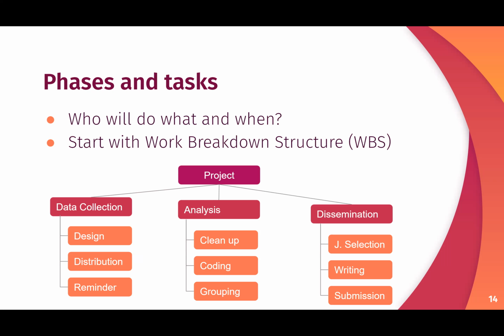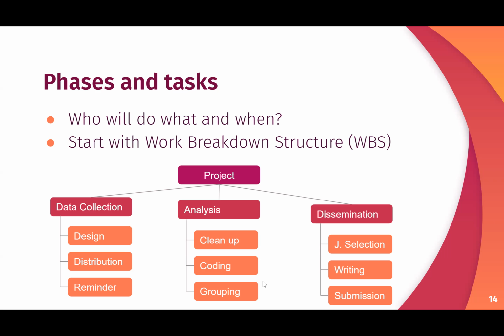So if we look at the example that we have here, we have data collection, and then under data collection, we have the study design, the distribution of a survey, and then a reminder that the survey needs to be filled out by people. And then we come to analysis, and we have data cleanup and then coding.